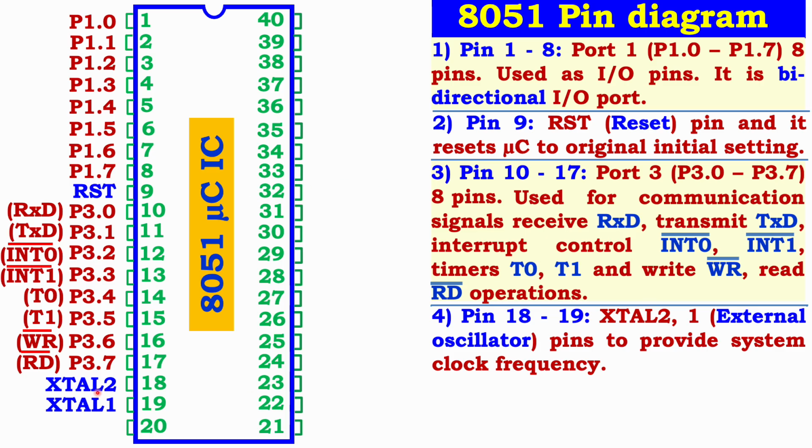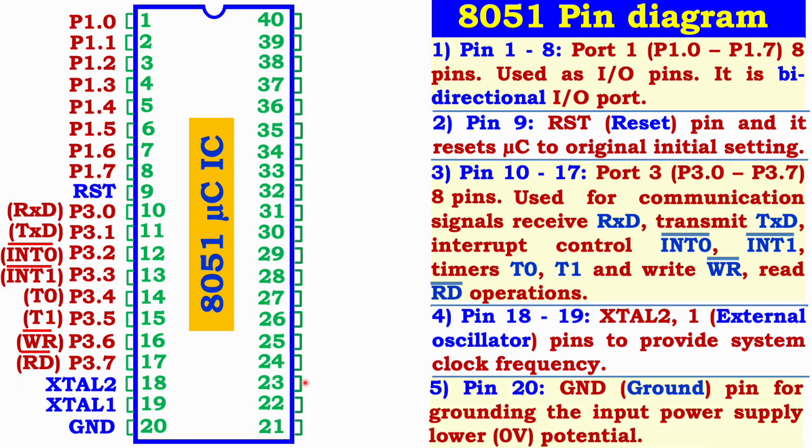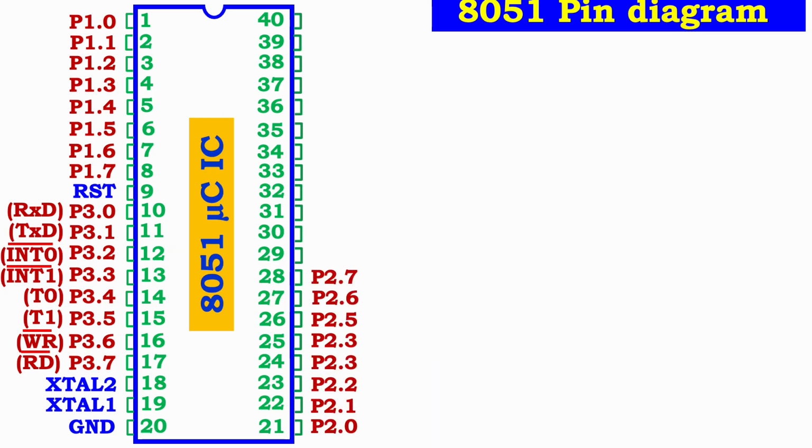There are 2 signals, XTAL1 and XTAL2, which provide the system clock frequency to operate the microcontroller. Pin 20 is the low potential: we give the power supply at pin 40, and we require a ground potential, which is provided at pin number 20. So this is about all the pins on one side. Now let us go into detail.